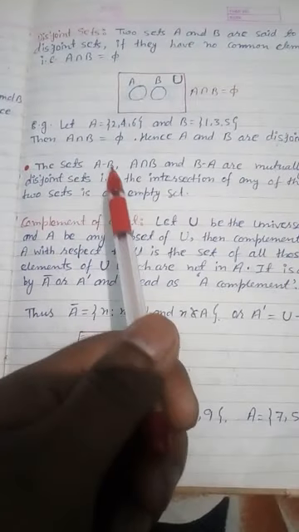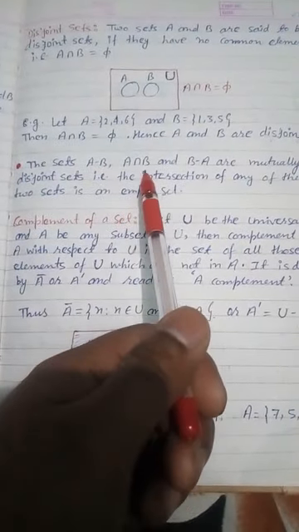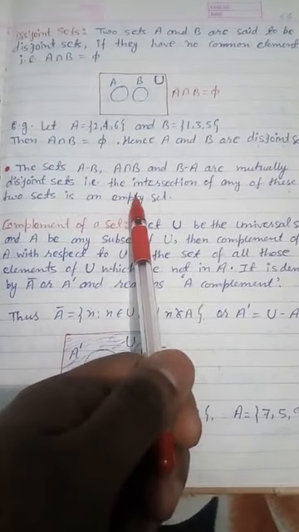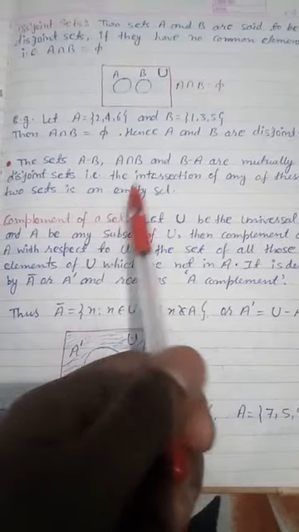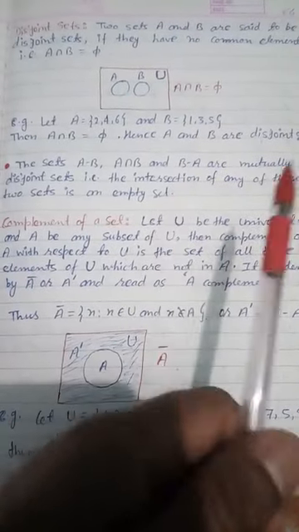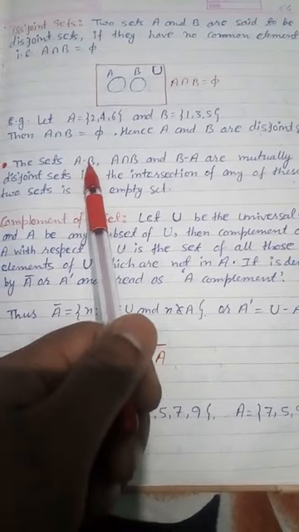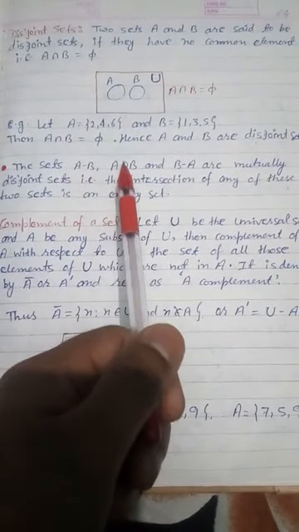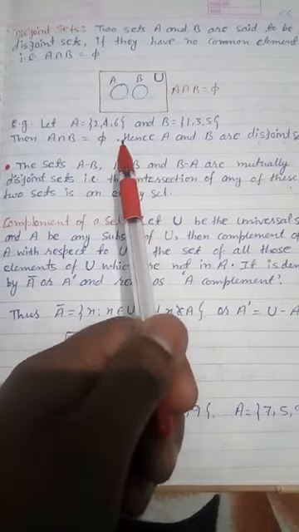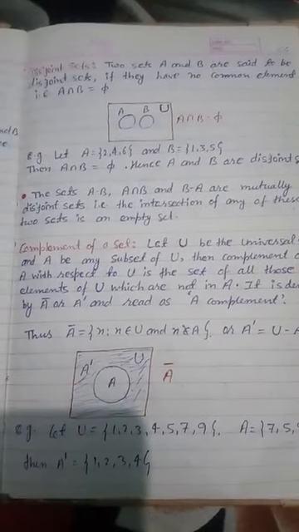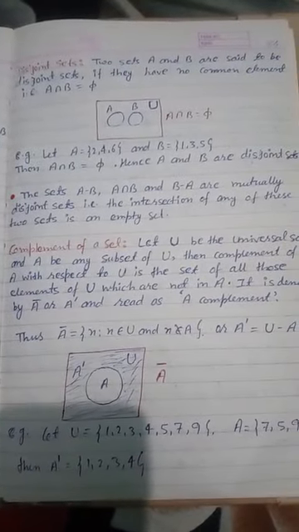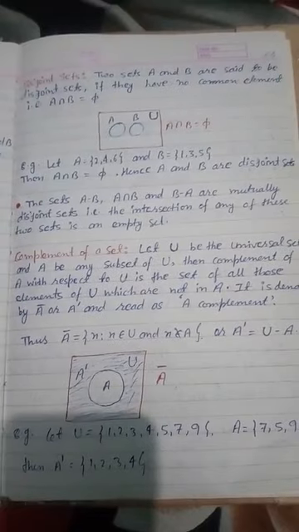The sets A minus B, A intersection B and B minus A are mutually disjoint sets. That means the intersection of any two of these sets is an empty set. For any example, you can verify that the intersection of A minus B and A intersection B, or A intersection B and B minus A, is always phi.